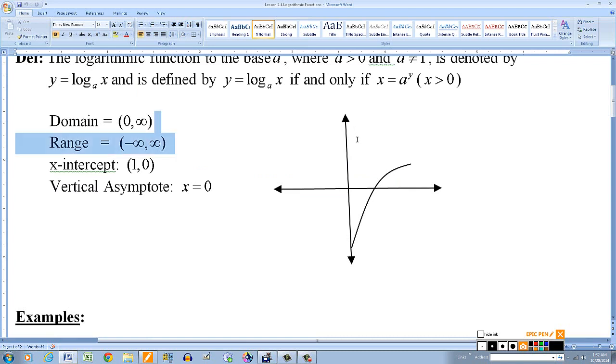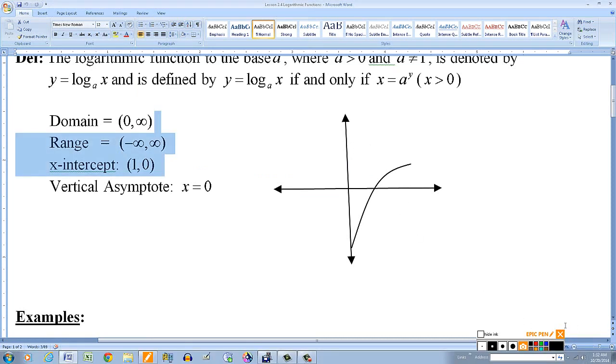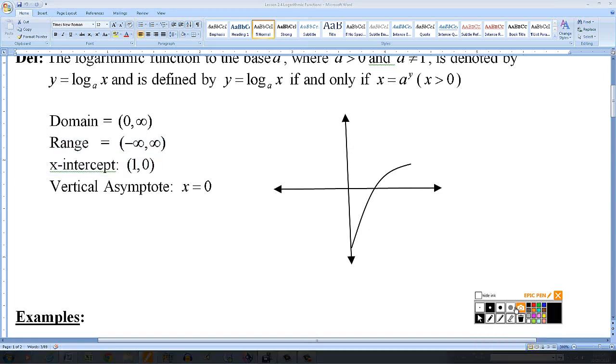So if I draw it here, it's going to come down this way. Something like that.